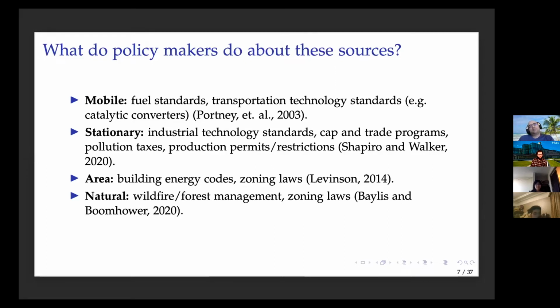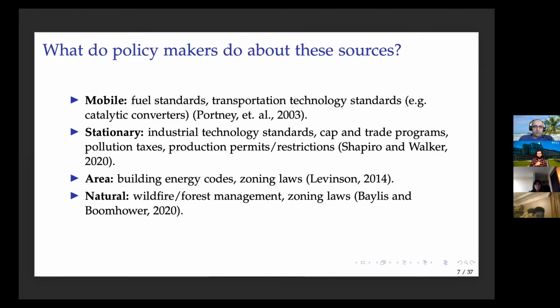from transportation. When we think of stationary sources, there's a whole host of different policy choices that we can pick from. Industrial technology standards, so mandating the technology that must be used by some of these industrial facilities. Cap and trade programs, pollution taxes, so these are what are called economic mechanisms or economic policies aimed at reducing pollution.